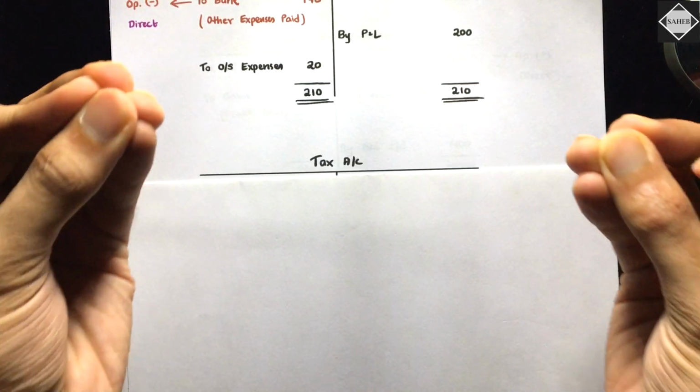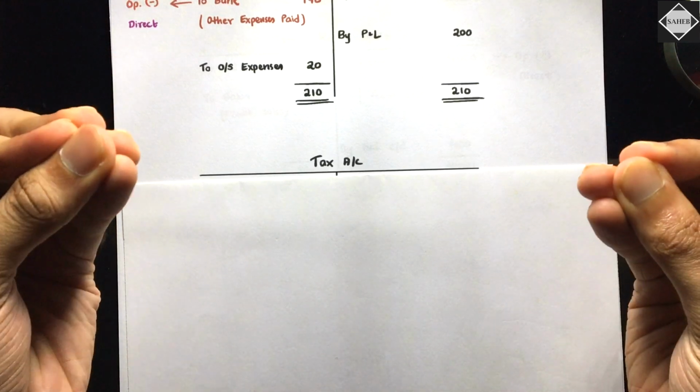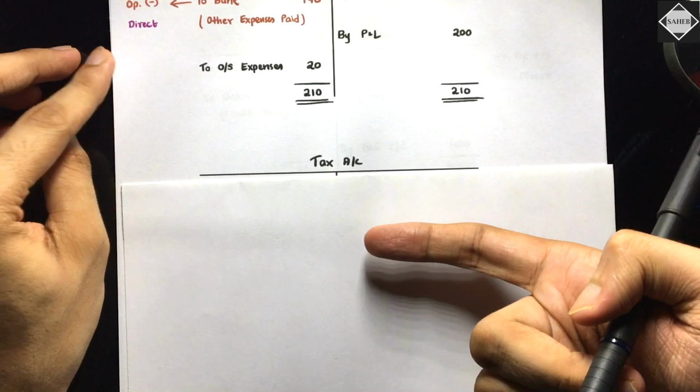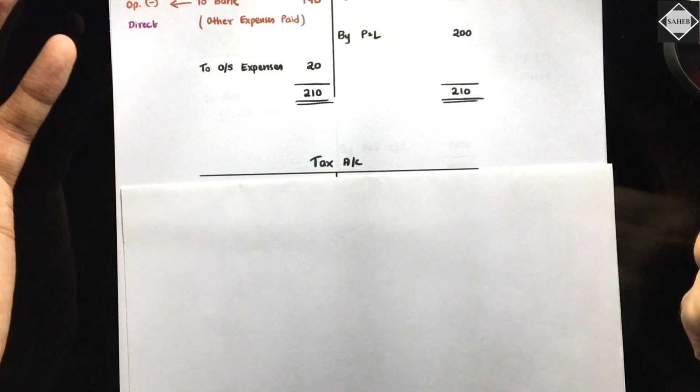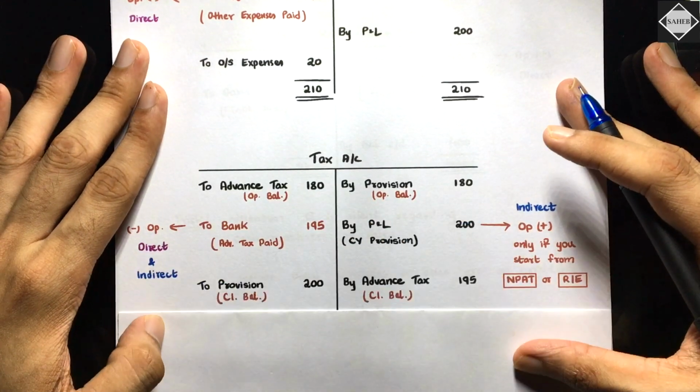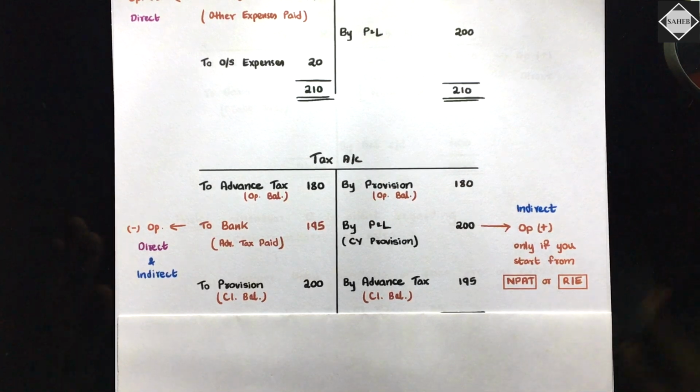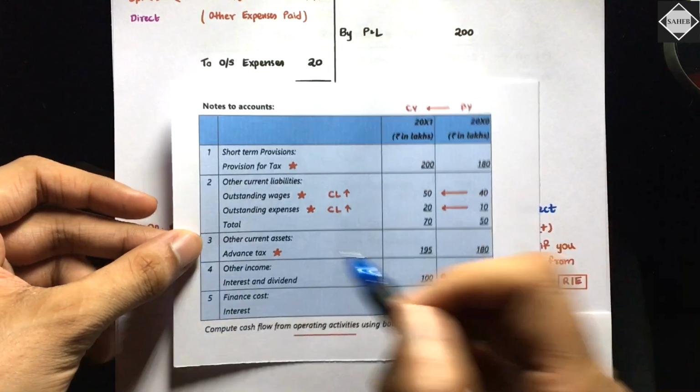Fine. And then current year provision, as usual, it will come on the credit side only by P&L. Is it clear? That's what you have to do. See here, the account. It's really simple. See what is happening in this account. Let's talk about provision for tax.